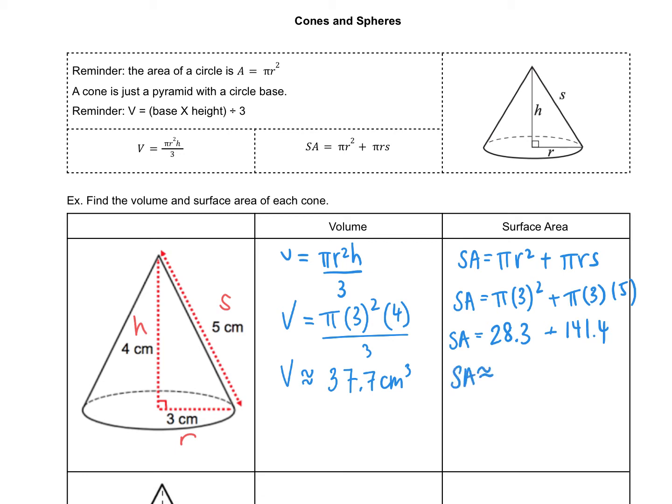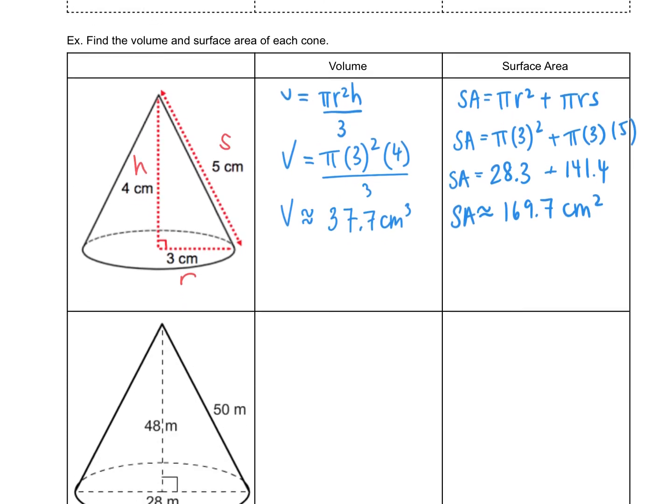And then we can add these up. And like I said, you could have plugged this all in at once and got your final answer right away, and that would work as well, or you can split it off like I did here. And we get 169.7 centimeters squared for our surface area. So that's it, 2 formulas for the cone.